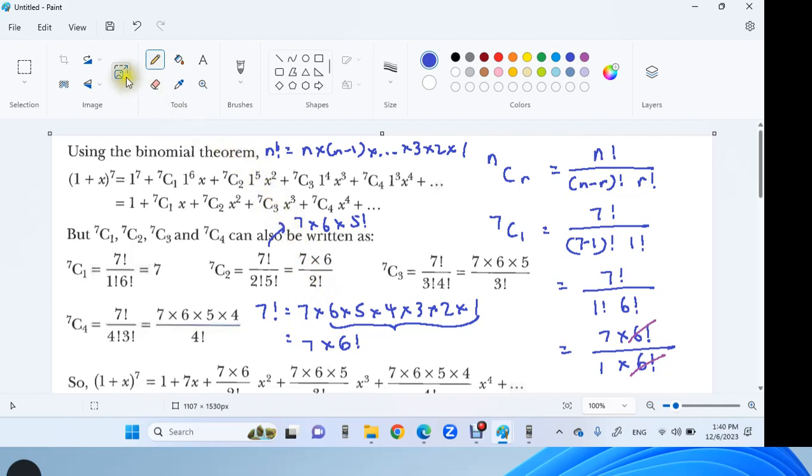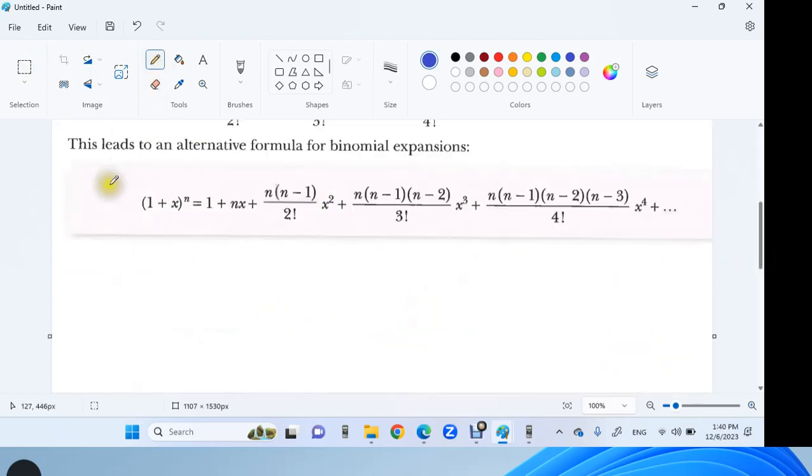Okay, so for the next one, we have 7C3. It is 7 factorial over (7 minus 3) factorial and 3 factorial.